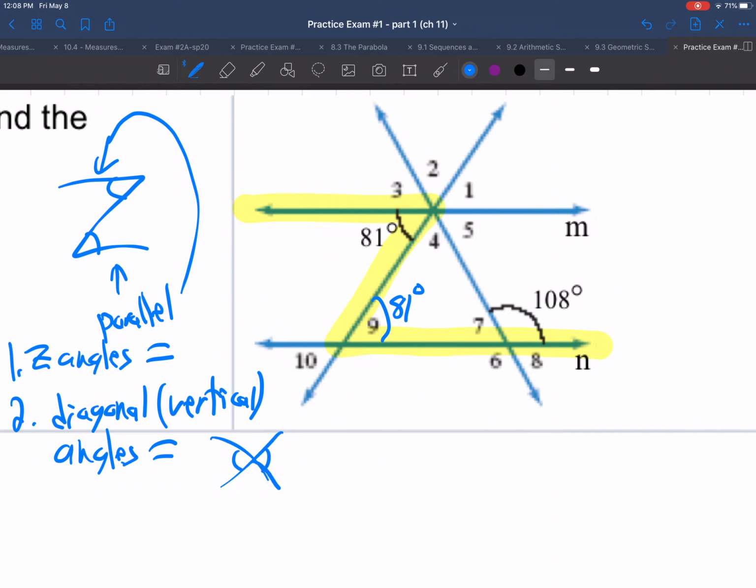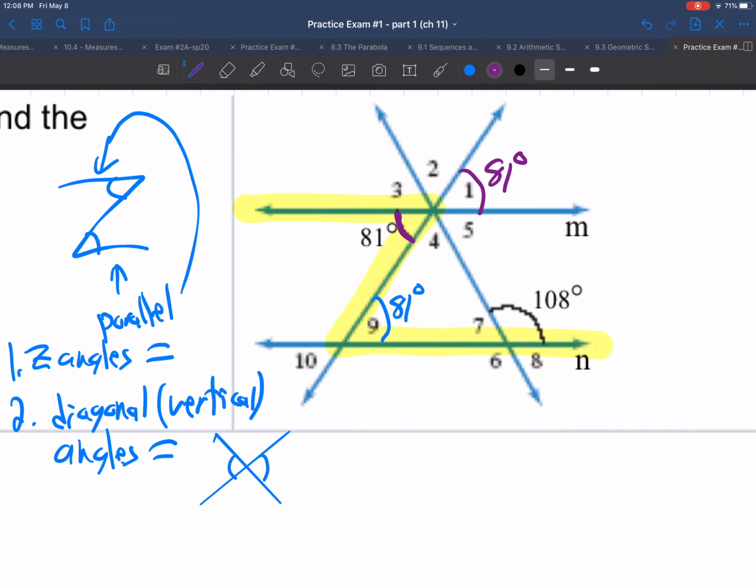If you have a couple of lines like this, then this angle and this angle, which are diagonal, have to be equal. So therefore, I know this 81 and this right here have to be the same because they're diagonally across from each other.